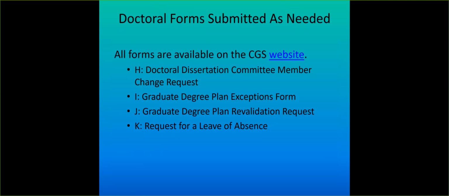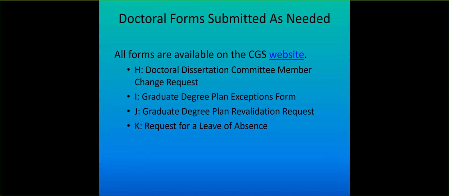Doctoral forms, again, you can find these all on the College of Graduate Studies website. We have the Form H. These are supplemental forms that you may or may not need. If you have ever had a change in committee, you would need to have filed a Form H with our office. If you've ever submitted an exception request or a request to transfer in courses to our university, we would need a Form I, which is the exception form.